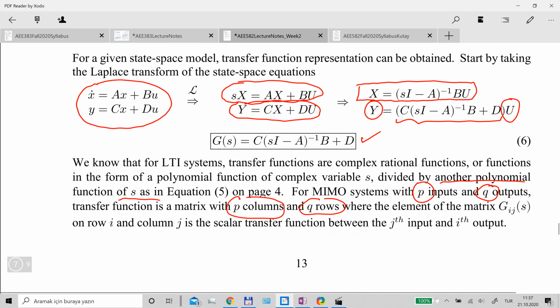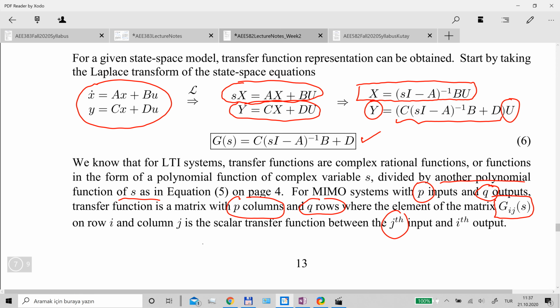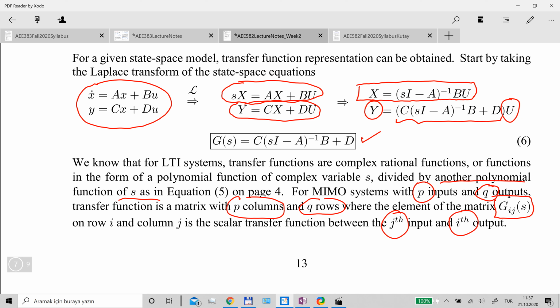So when you look at the element of the transfer function matrix at the ith row and jth column, that transfer function is a scalar transfer function, and it is the transfer function between the jth input and the ith output. So your transfer function matrix is a giant matrix where every element is a transfer function itself.